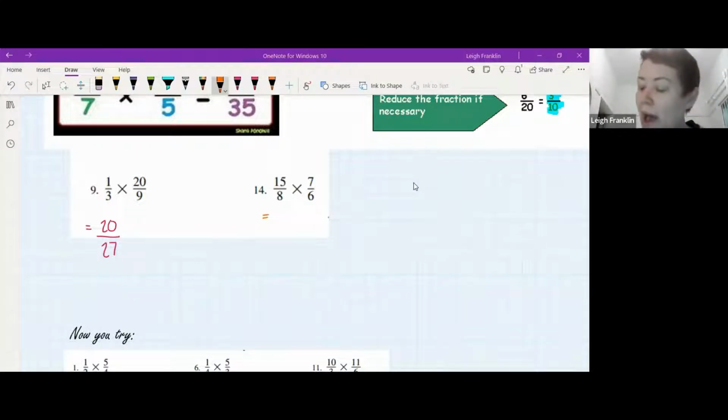Okay, so you have to divide the top and the bottom by the same. You can't just divide by the same thing on the bottom without doing it at the top. Otherwise, your ratio, or the way that your numerator is related to your denominator, you're going to change that relationship. Okay, so you've got to look at the top and at the bottom.